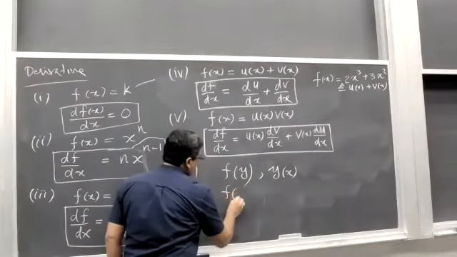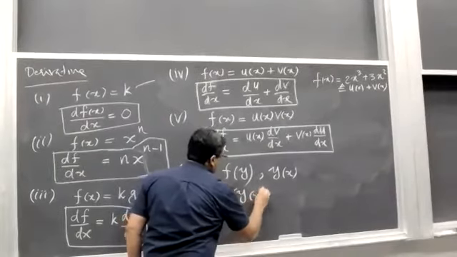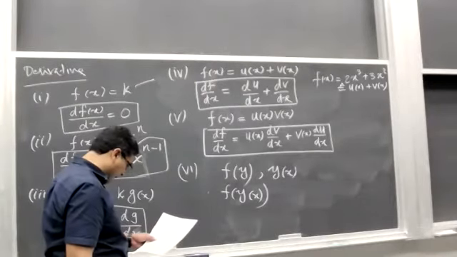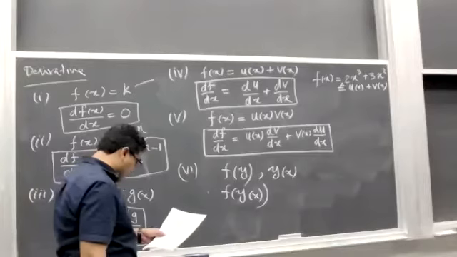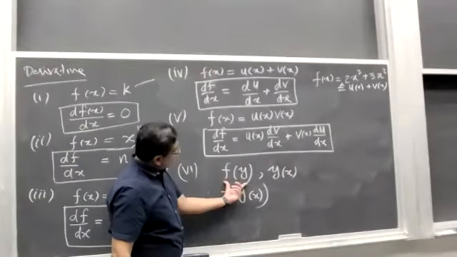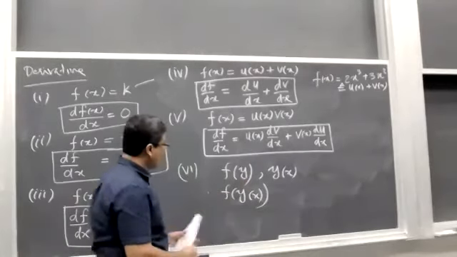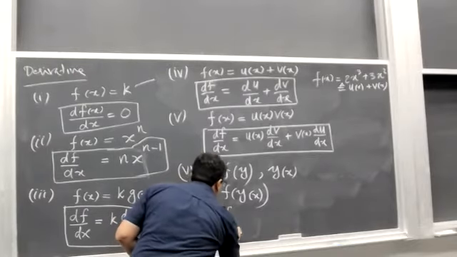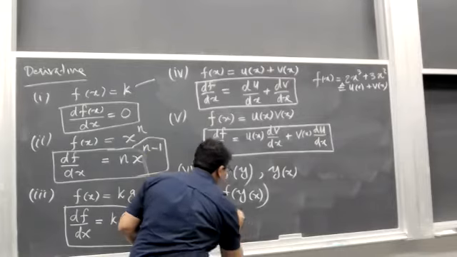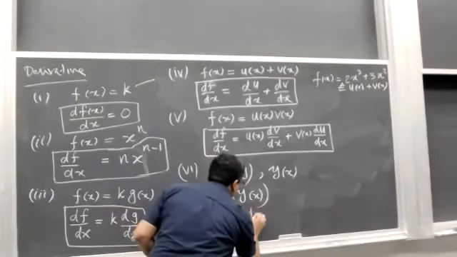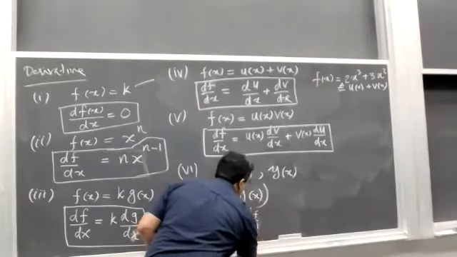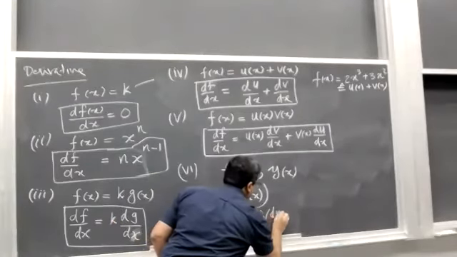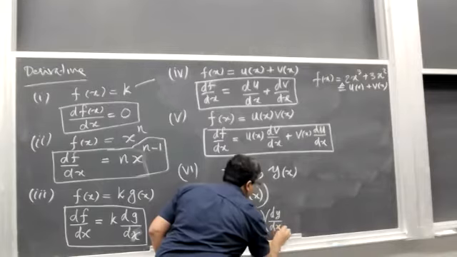So if we have this situation, then we can take the derivative of f with respect to x using this rule. df over dx equals first the derivative of f with respect to y, multiplied by the derivative of y with respect to x.